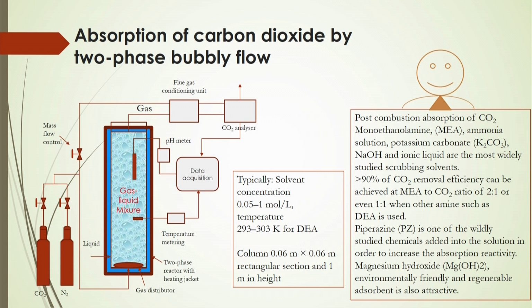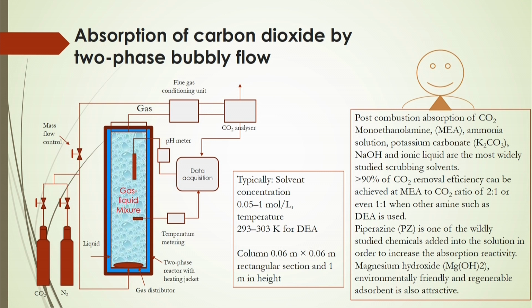Now, if we consider the absorption of carbon dioxide or any pollutant gas in the atmosphere, how do we actually reduce those gases by this two-phase bubbly flow system? Carbon dioxide is one of the most important aspects of environmental concern, and it is to be removed anyway.